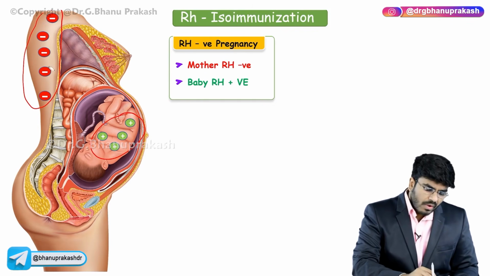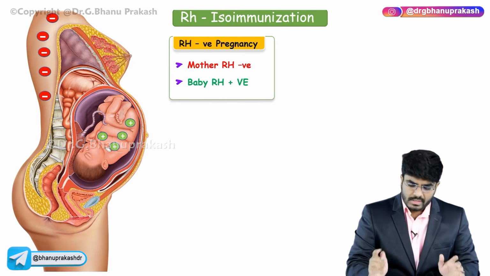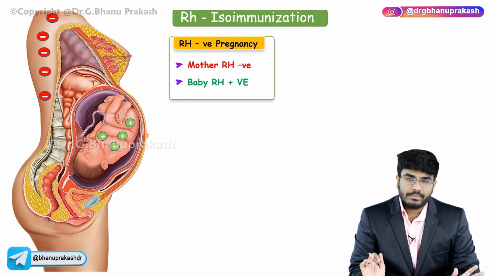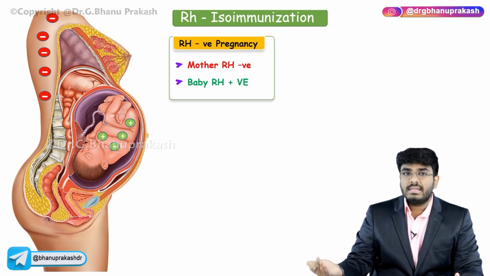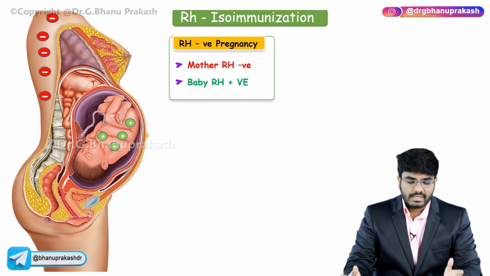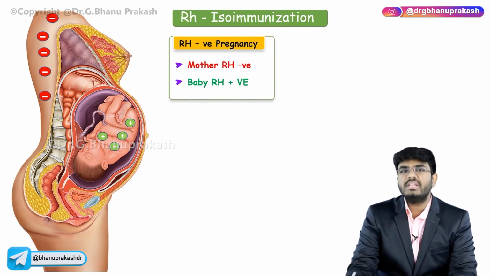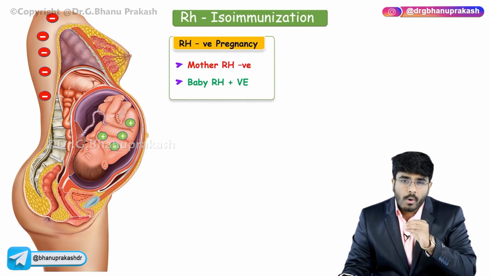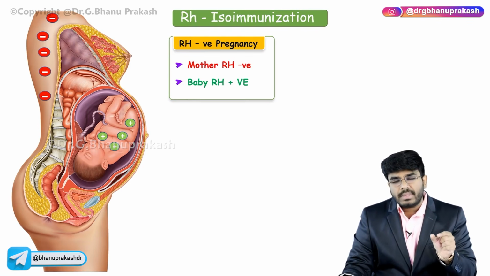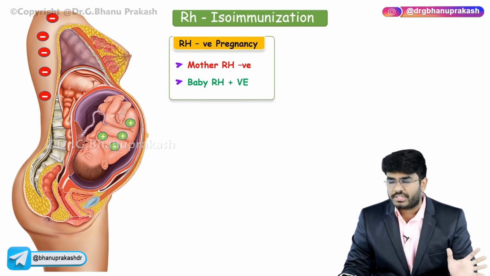Now, why does such a thing happen, sir? Mother is RH negative. If the husband is also RH negative, there is no problem, there is no possibility of the baby being RH positive.